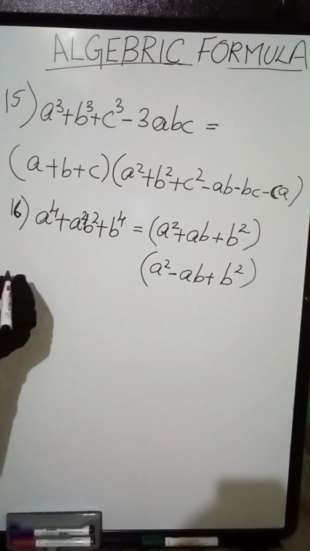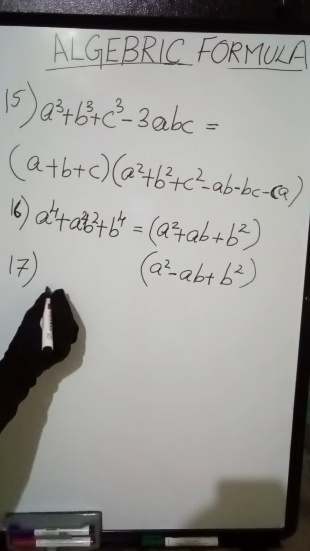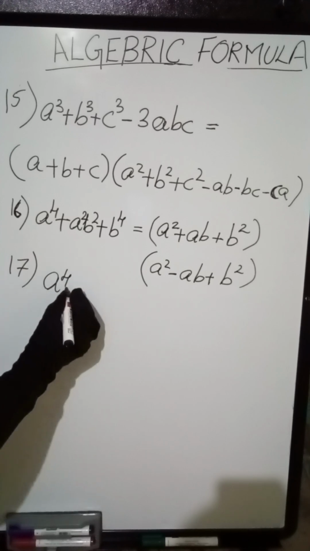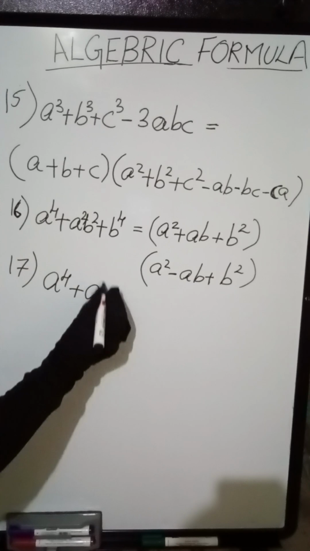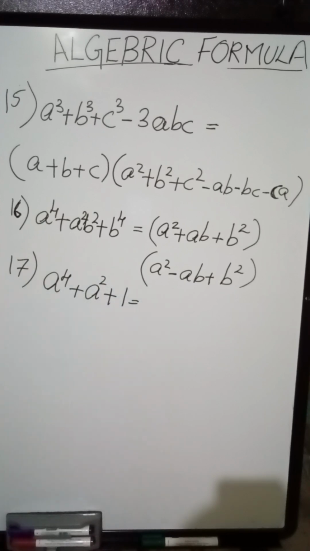The next one is the 17th formula, which is a to the power of 4 plus a square plus 1. So what will be the formula for this?